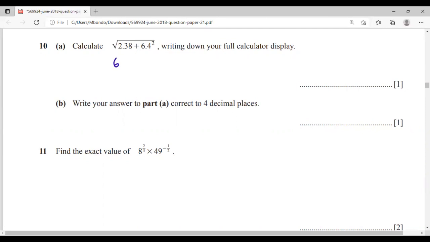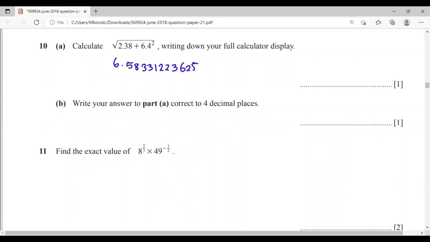So this one I'm getting 6.5833122362 5. Depending on the calculator, your calculator may leave out some digits here.